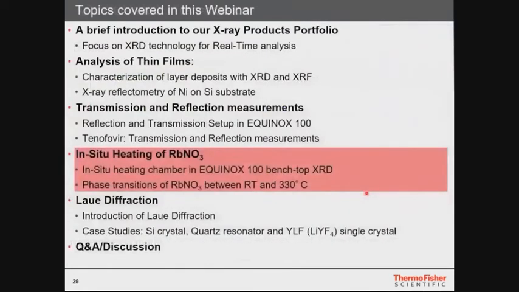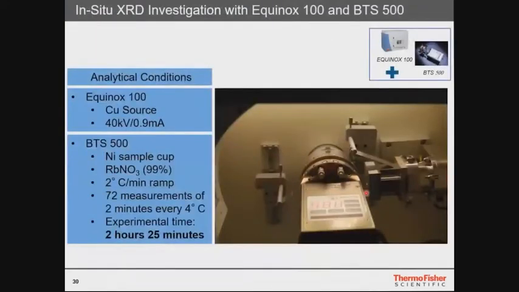We are coming to the in-situ application on the example of rubidium nitrate. Rubidium nitrate is a nice reference material because it has plenty of phase transitions at quite low temperatures. The setup looks like this. We have this little heating chamber from Anton Paar.